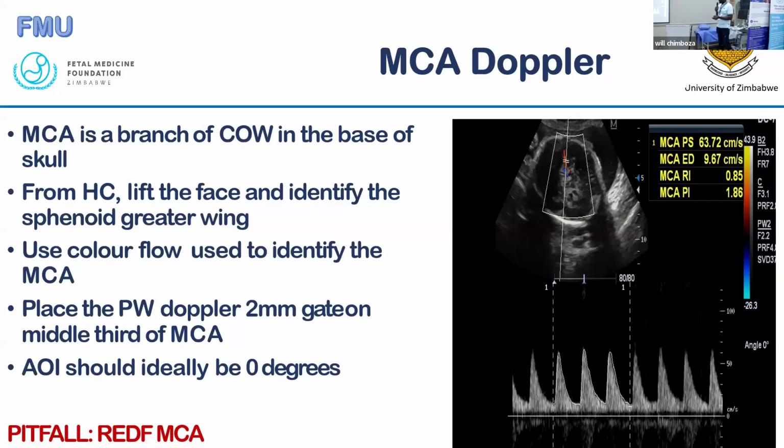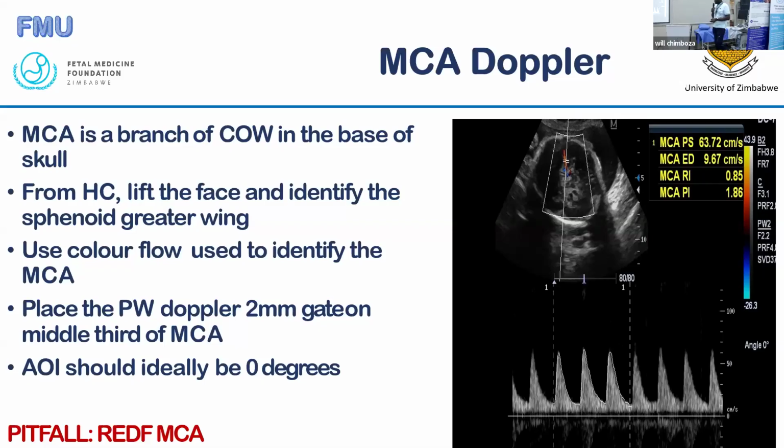You employ your color flow Doppler, identify it. Then you place your sampling gate of 2 millimeters within the middle third of the middle cerebral artery, with your angle of insonation ideally 0 degrees or less than 30.